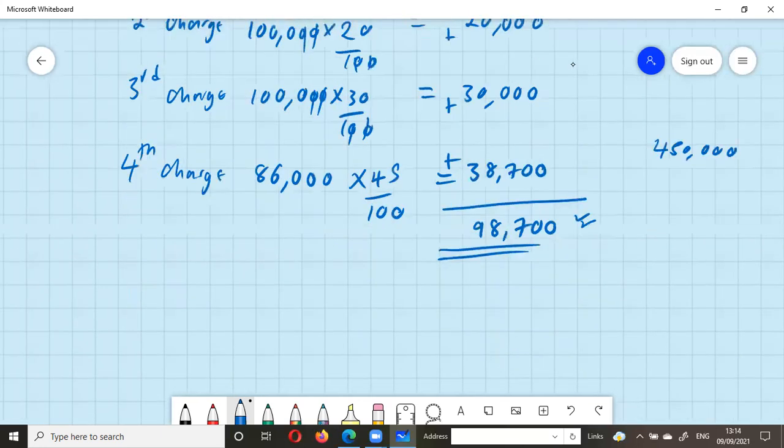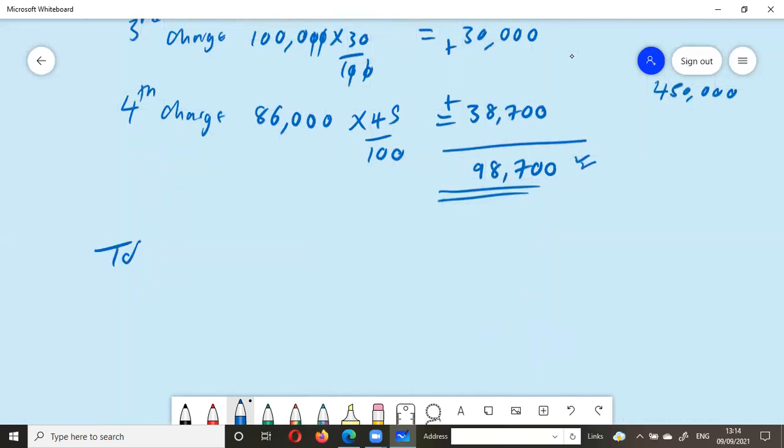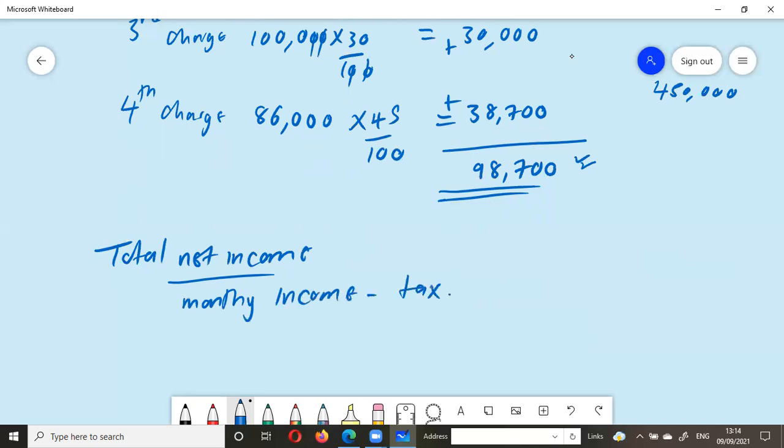Net income is what you have got, what you save. So the net income will be your monthly income minus the income tax.